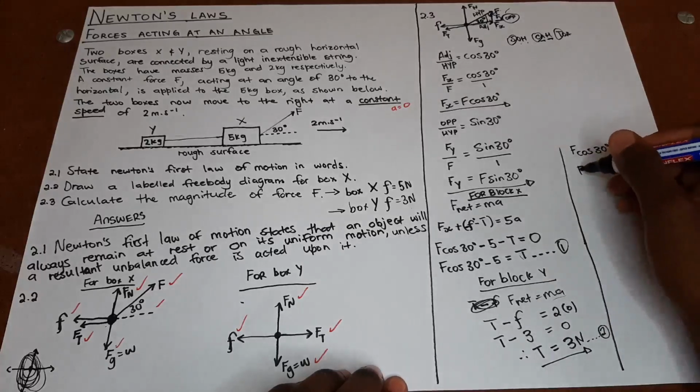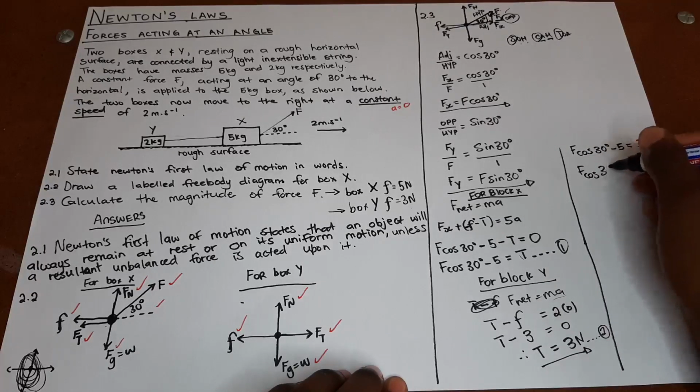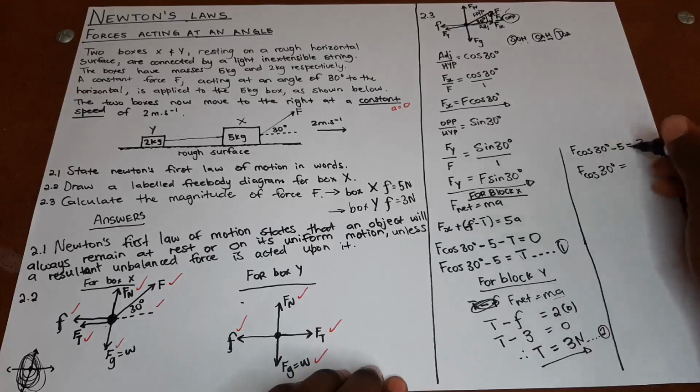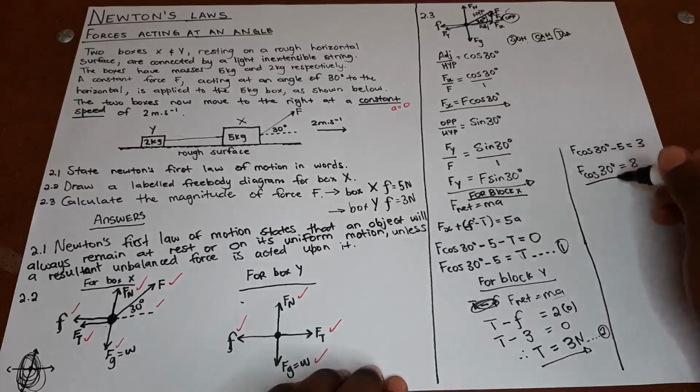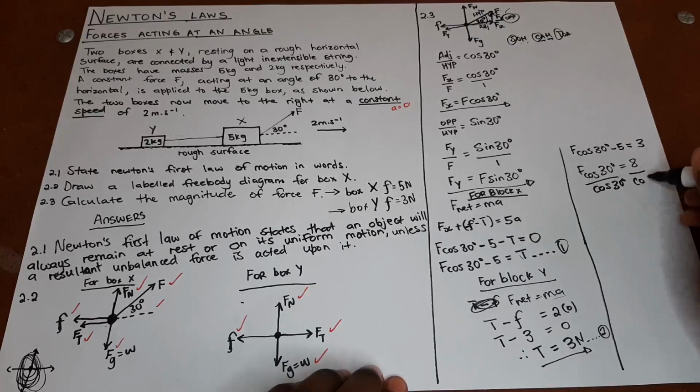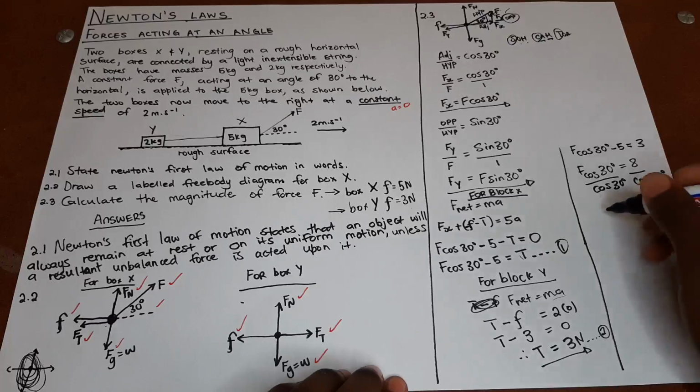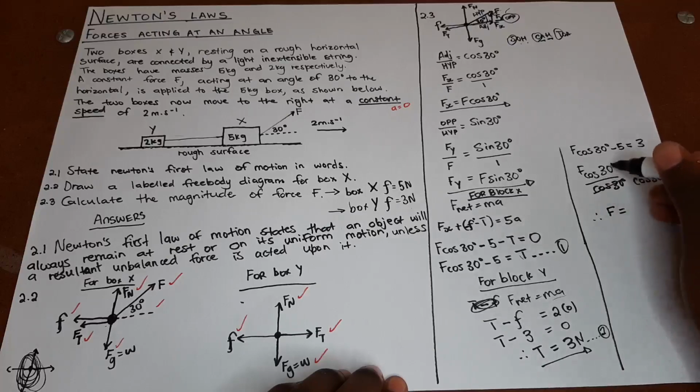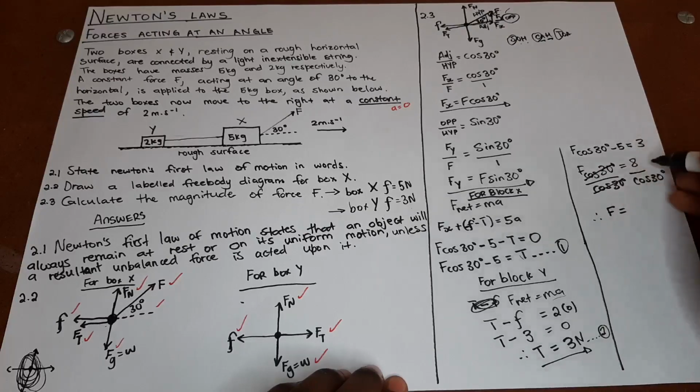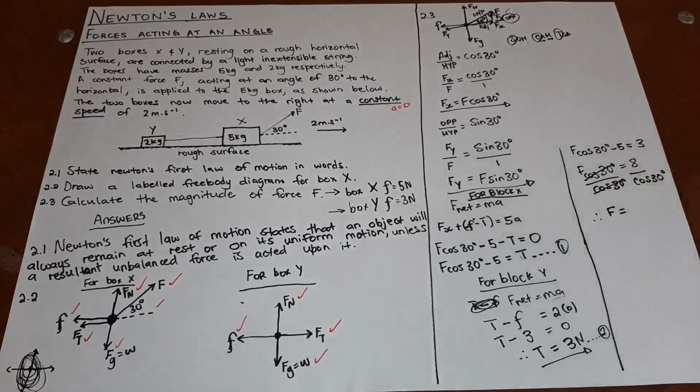Then you can say F cos 30 degrees is equal to, take that 5 to that side, it becomes positive, 3 plus 5 is equal to 8. I think you're still with me, guys. Cos 30 degrees over cos 30 degrees cancels, and we're left with F on this side, and on the other side 8 divided by cos 30 degrees.